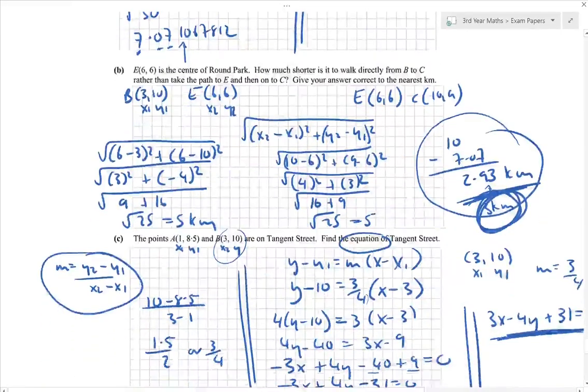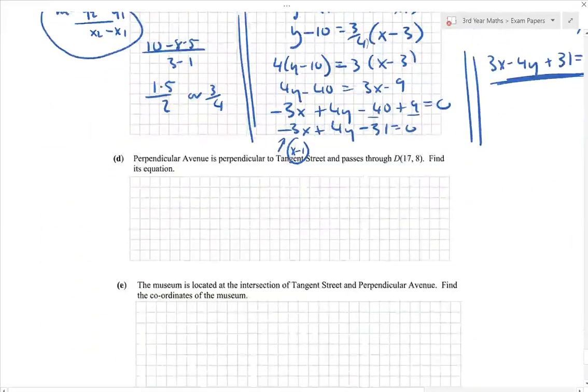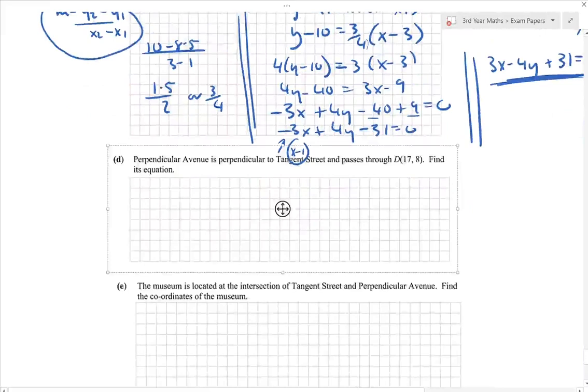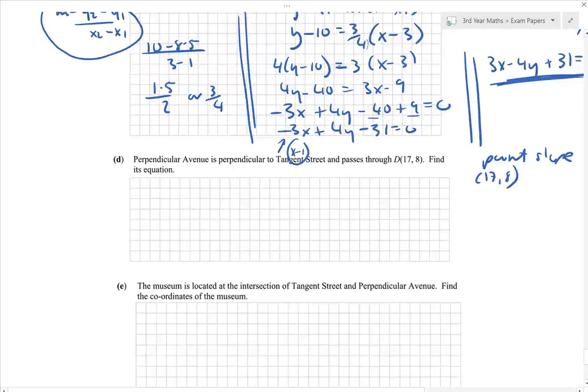So again, to find the equation of a line, you need a point and the slope. We know the point on the line is 17 and 8. We aren't given its equation or its slope, but we're told it's perpendicular to Tangent Street. So if the slope of Tangent Street is 3 over 4, then the slope of Perpendicular Avenue is the opposite of that. So it's minus 4 over 3.